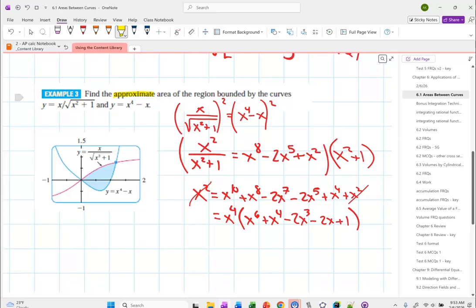Approximate means that we're going to be needing to use our calculator. So I would not want to do this algebra. I'm going to retract that. Nothing that we did was incorrect, but we got stuck with this polynomial at the bottom that I don't know that we're going to be able to solve.